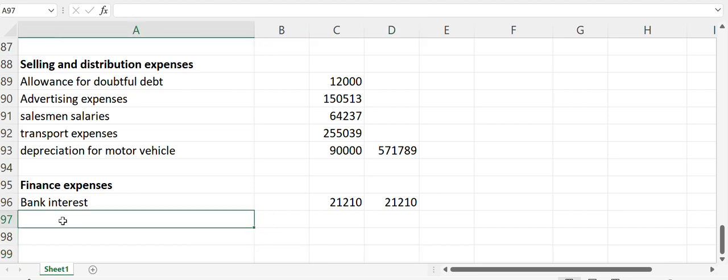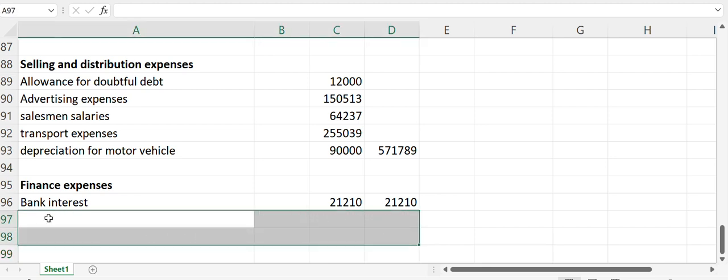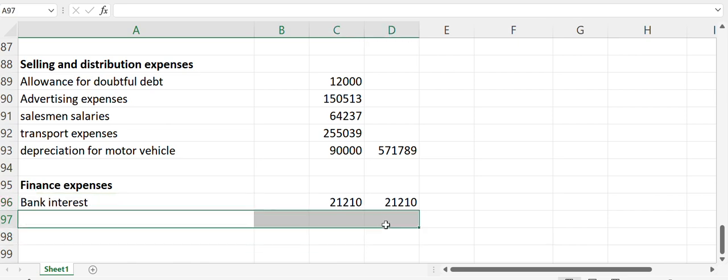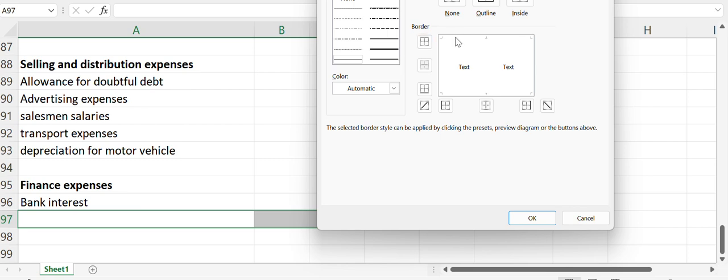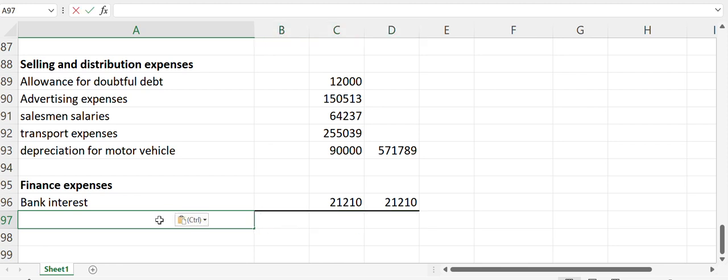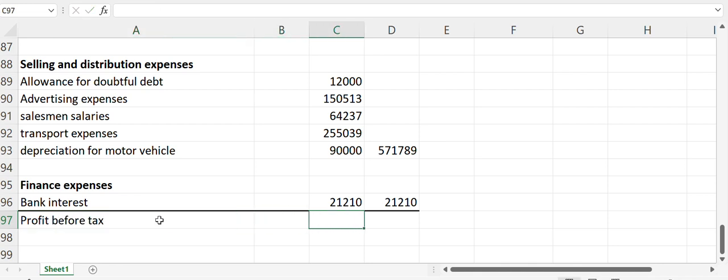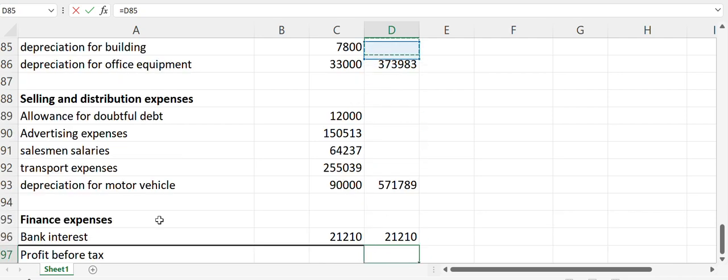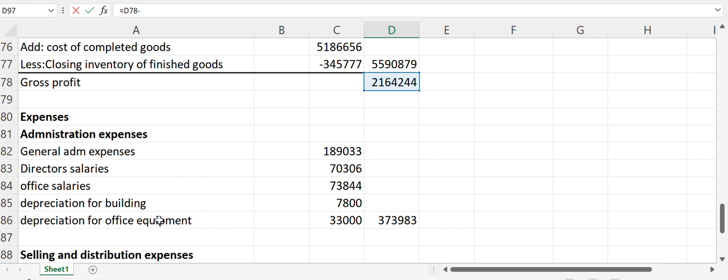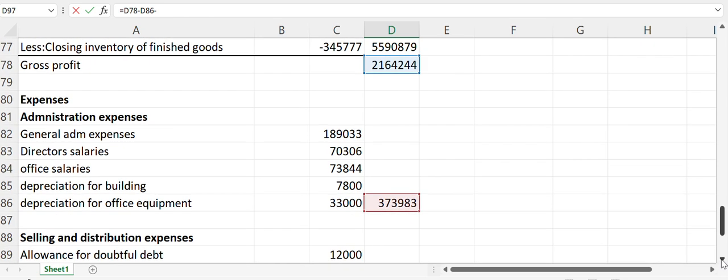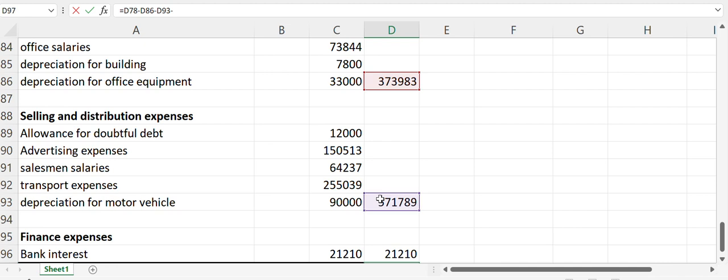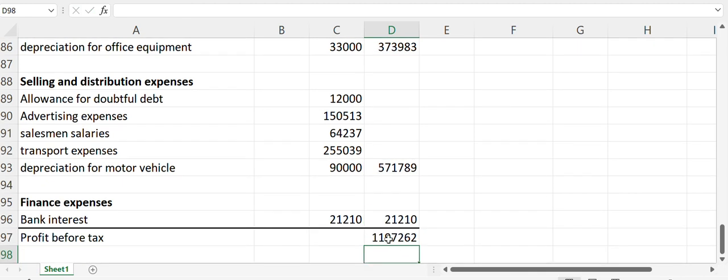So to get the net profit before tax, so this is profit before tax. We're going to say the gross profit that we got, this one, minus admin, minus what again? Selling and distribution, minus again the finance expense. So we get that.